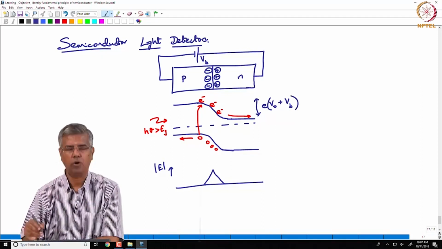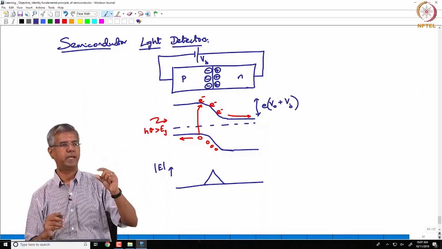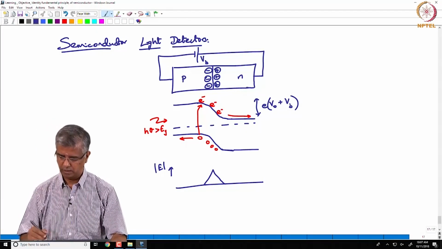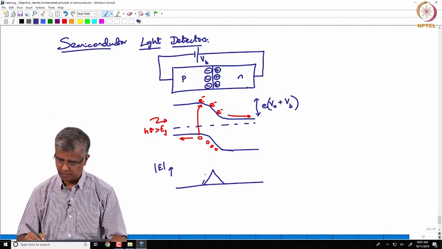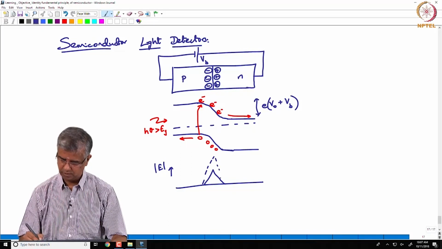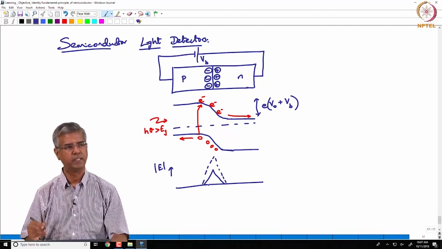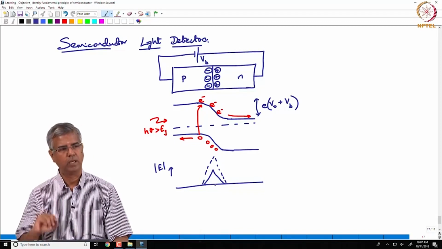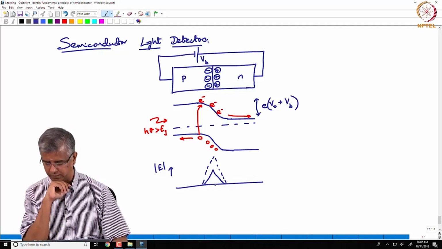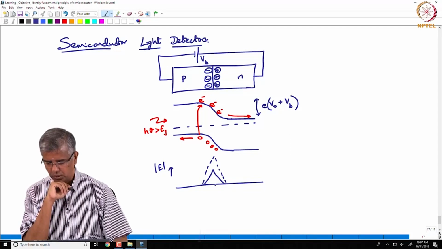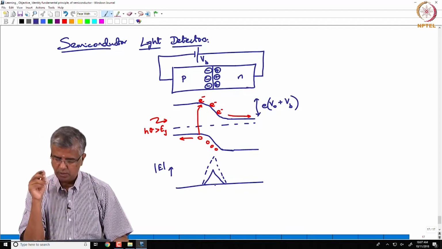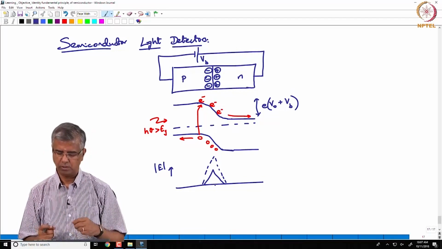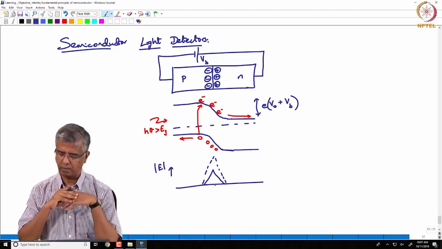In the forward bias case, we were saying that the barrier height gets reduced, but here we are saying it results in an enhancement of the barrier. So, the corresponding electric field gets enhanced in the presence of this external bias. Okay. So, one obvious effect of that is, you have a much larger barrier height.